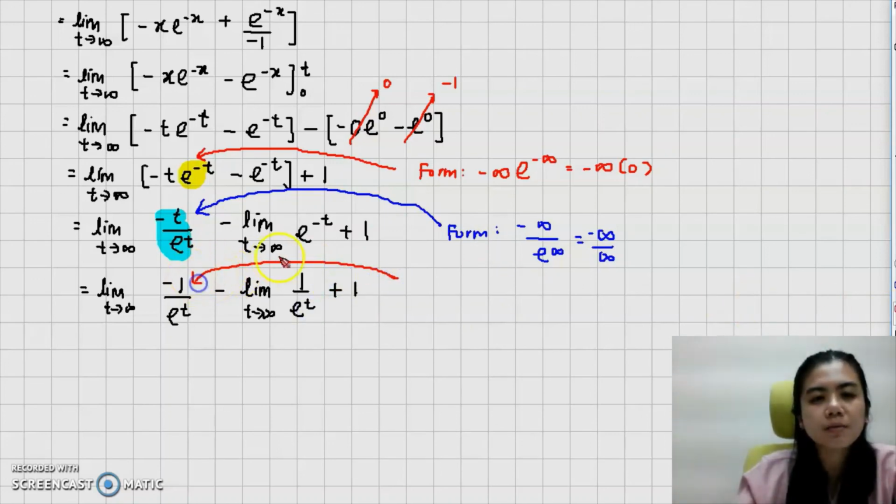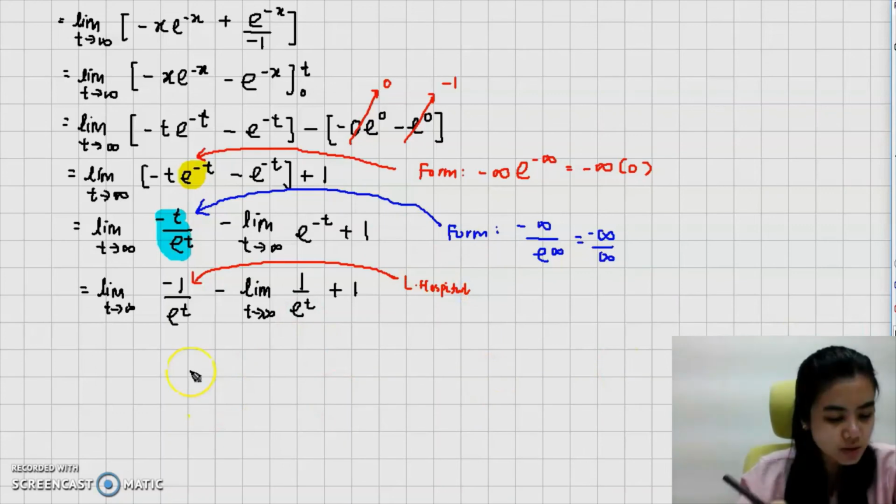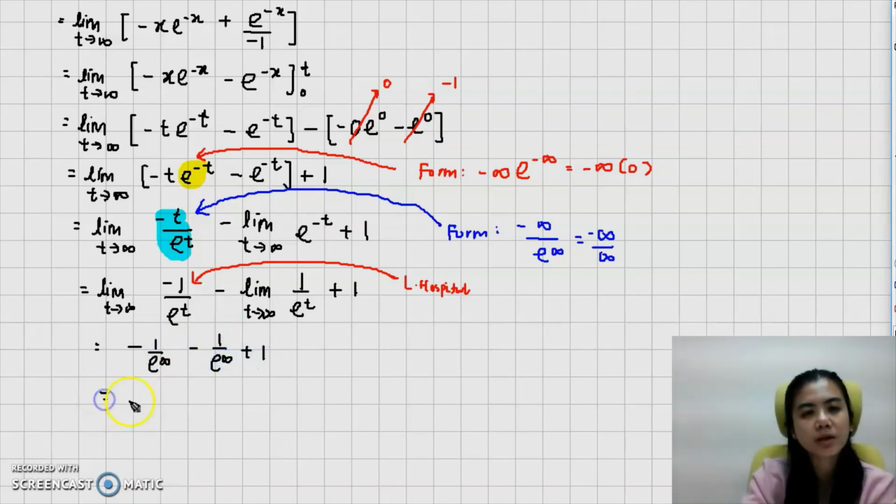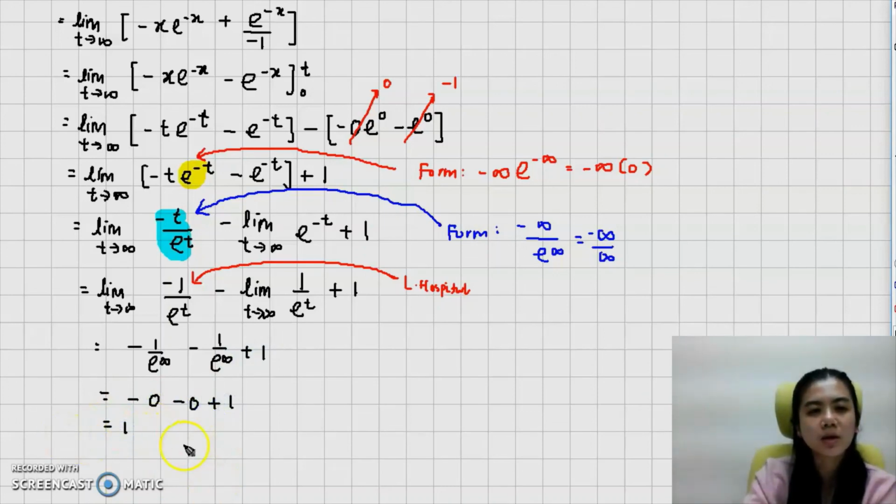Only this part, we apply L'Hopital. Let us see what happens if we do the substitution in here. You will have 1 over e infinity minus 1 over e infinity plus 1. Basically this is minus 0 plus 1. As a result, we will have 1. So this is the answer for example 3.